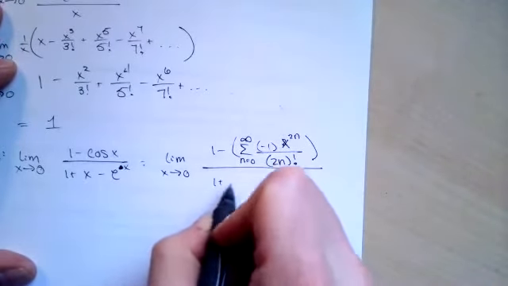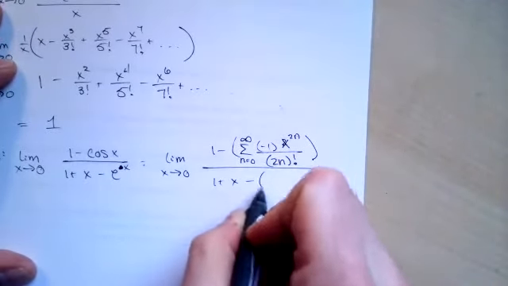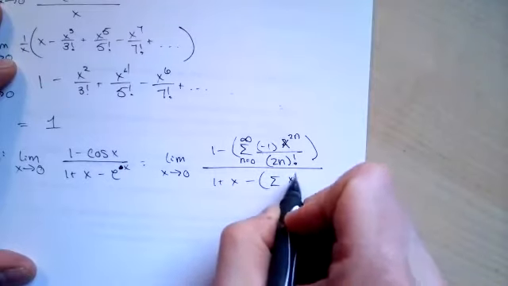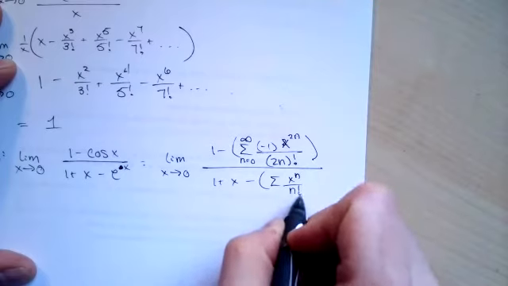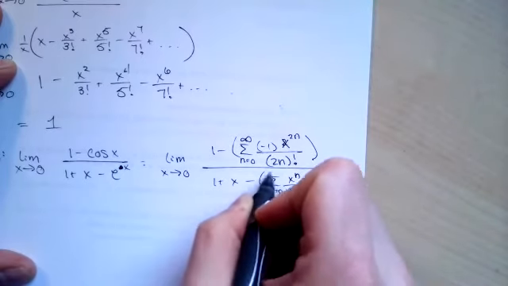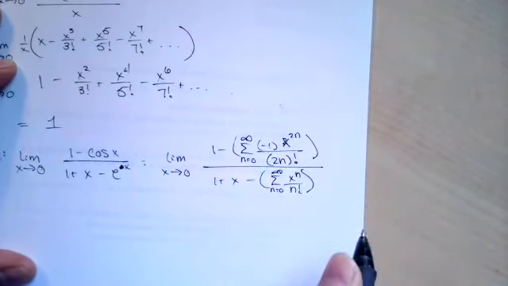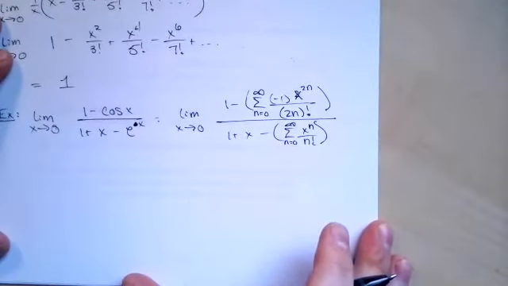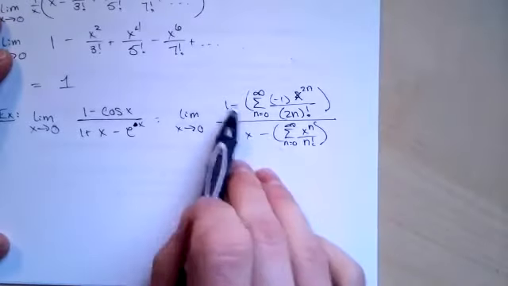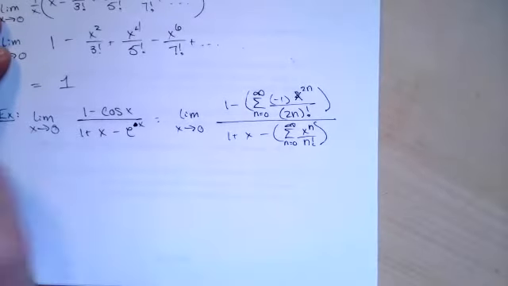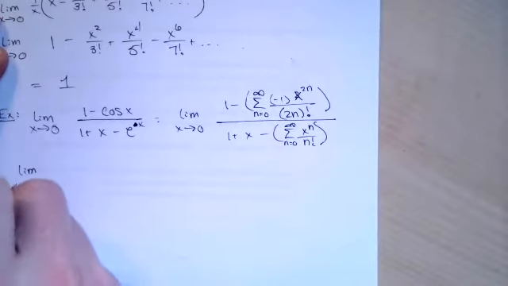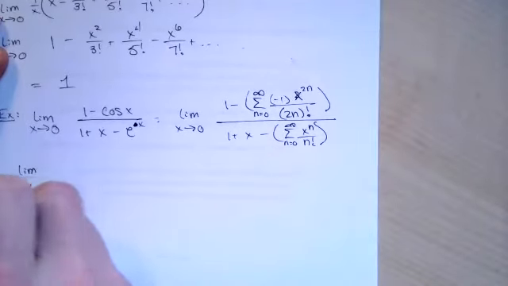And then in the denominator, we've got e to the x. There's no multiplication going on between those series, but we can write out the first few terms of each of those series.